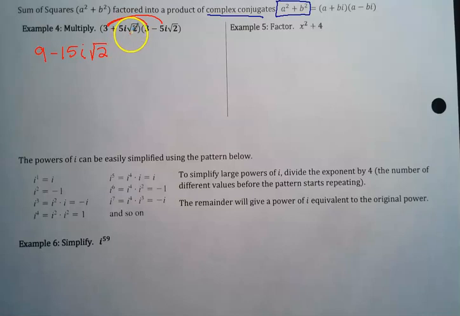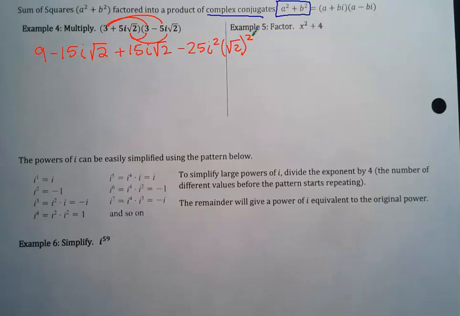And then the inside, it's going to be a positive 15i times the square root of 2. And the last is going to be a negative 25i squared times the square root of 2 squared. Yikes.